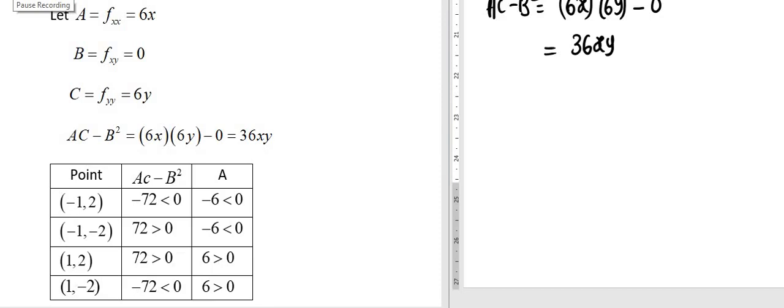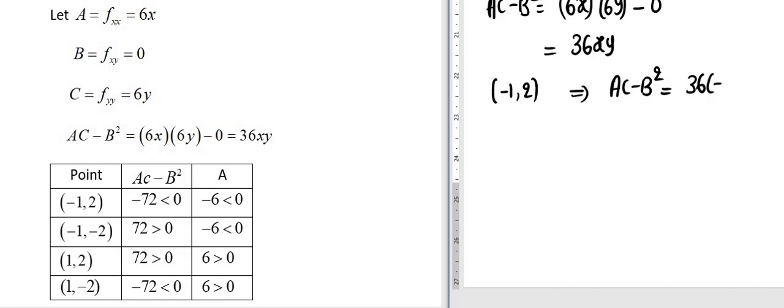Now I am going to find out AC minus B square value at each of the critical points. If I am considering the critical point minus 1, 2, then AC minus B square value is 36 into minus 1 into 2. That is minus 72. Minus 72 is less than 0.